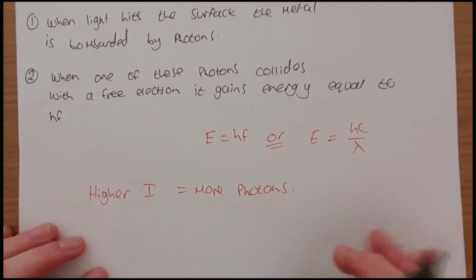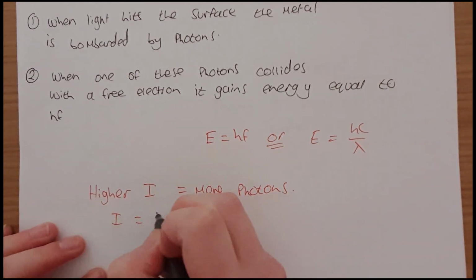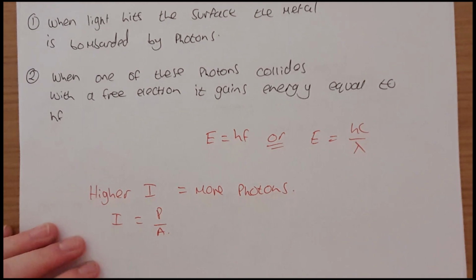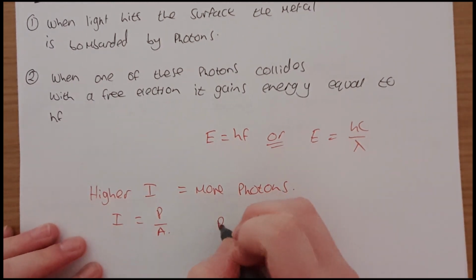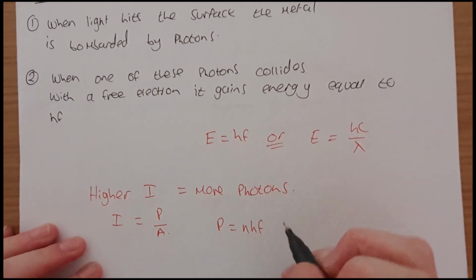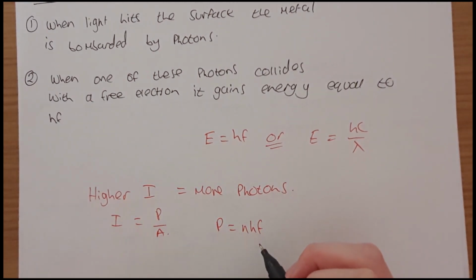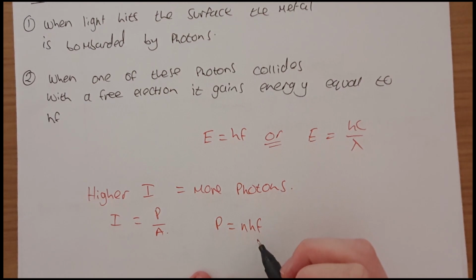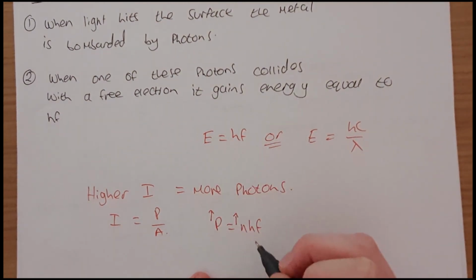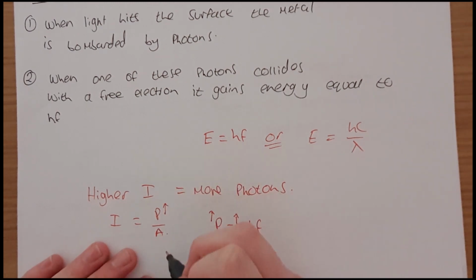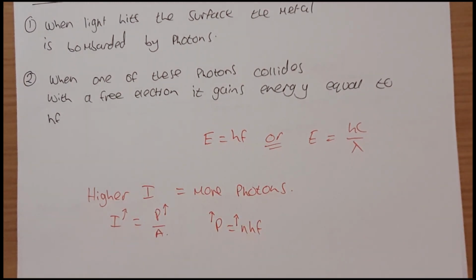Well, let's have a look at this. We know that intensity is power over area. But in an earlier video, we said power equals NHF. So number of photons times the Planck constant times F, the frequency. So that means if my number of photons increases, my power increases. Well, if my power increases, my intensity increases. So that's where that relationship comes from.